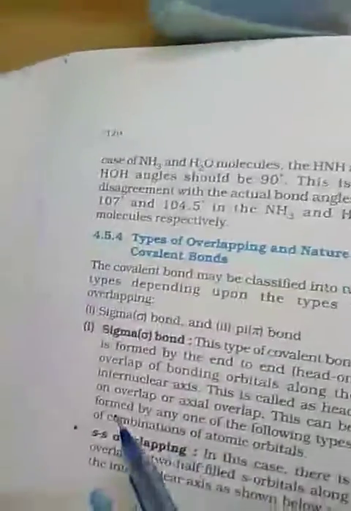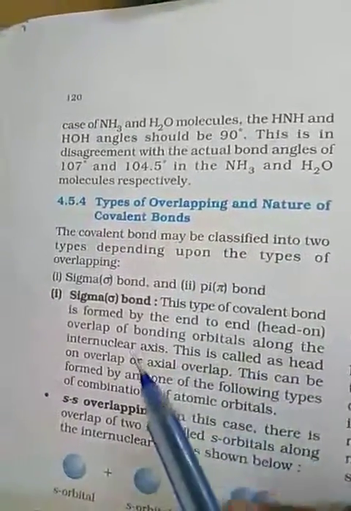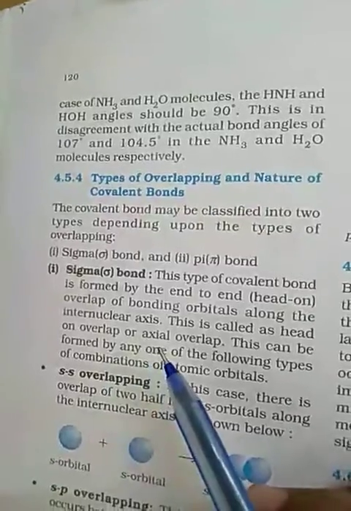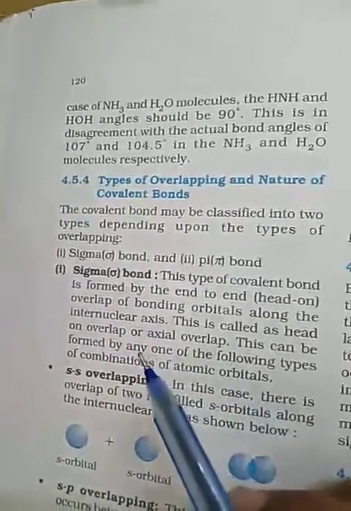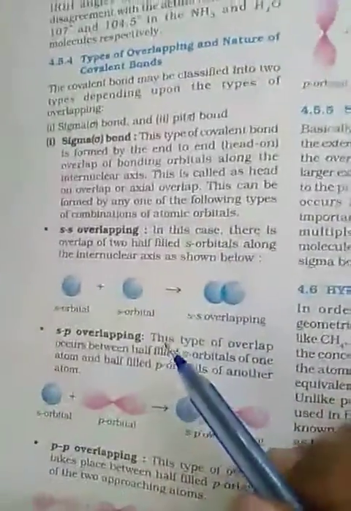Now what is a sigma bond? This type of covalent bond is formed by the end-to-end, head-on overlapping of bonding orbitals along the internuclear axis. This is called head-on overlap or axial overlap, head overlapping.